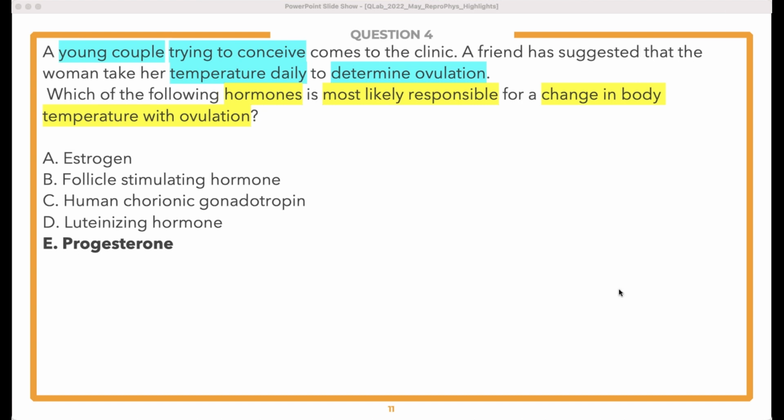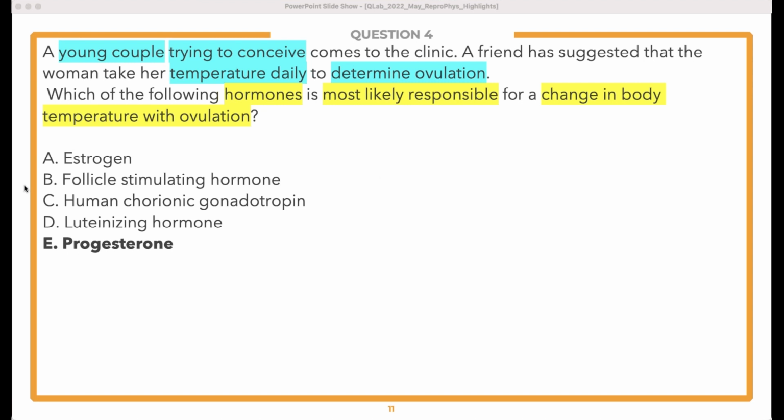Your basal body temperature for females is a little bit higher during the luteal phase, increasing by roughly 1 degree Fahrenheit or 0.6 degrees Celsius. Okay, so a woman can therefore estimate when ovulation has occurred by checking her basal body temperature daily. That's how a lot of people used to do it before technology.